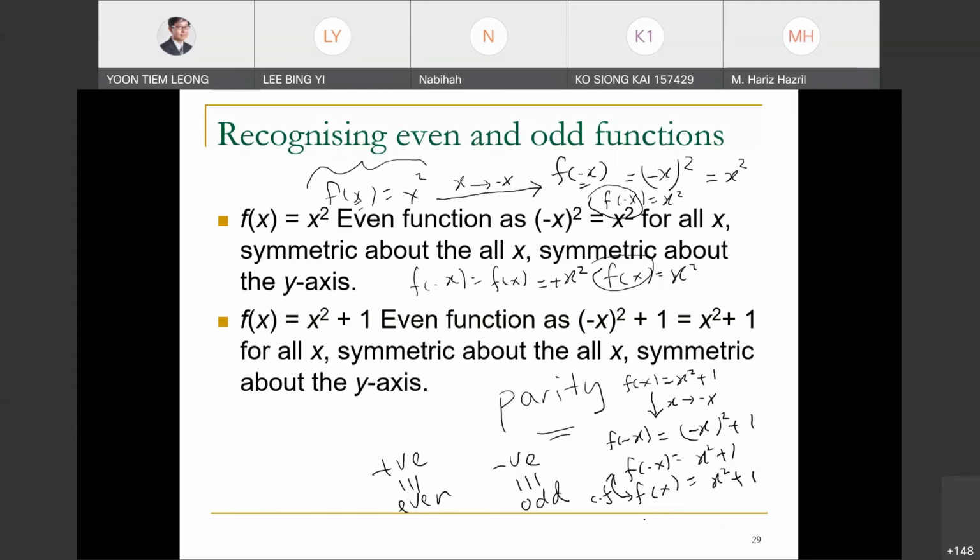You would then realize that f of x is just equal to f of minus x. So the relative sign between f of x and f of minus x is plus. So we say that the function x squared plus 1 is an even function.